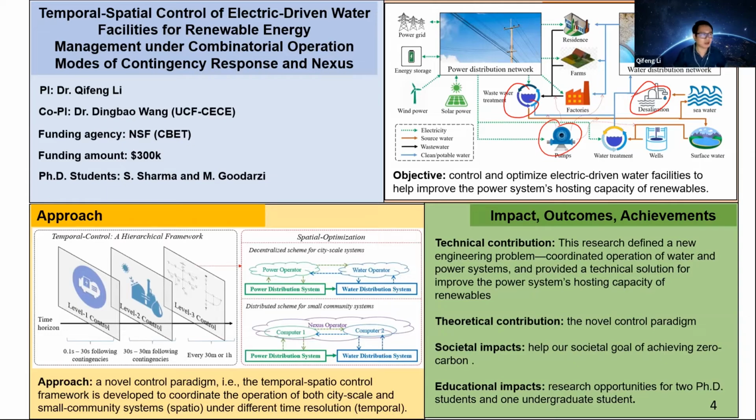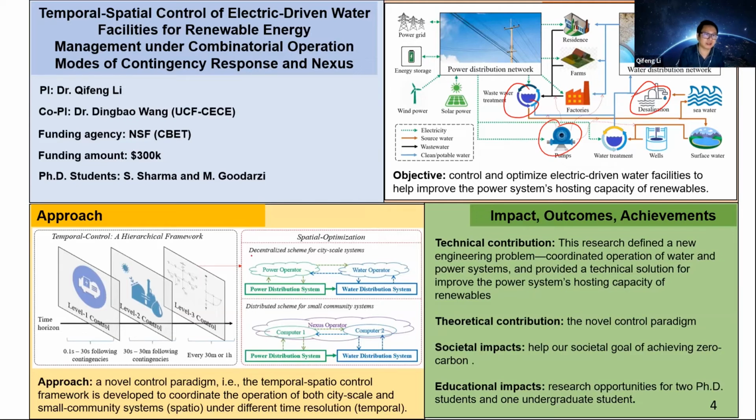For a longer time horizon, for example 24 hours, we check the optimal schedule of both systems every 24 hours. But there are some other challenges, like today, the water system and the power system are basically operated by different utilities. So if we are trying to optimize or coordinately control these two systems, you need to develop technology that, even if the parts of the system are operated by different entities, can still work.